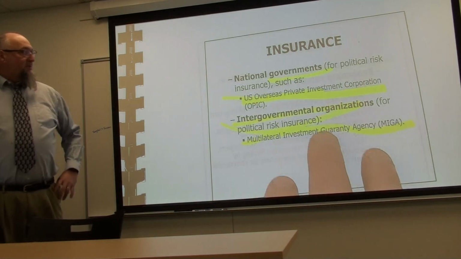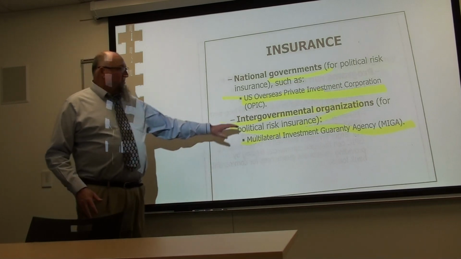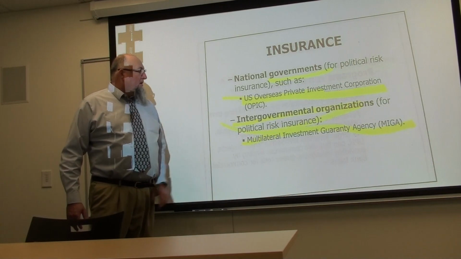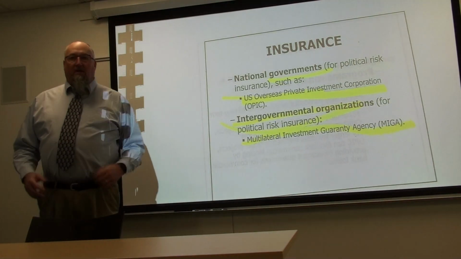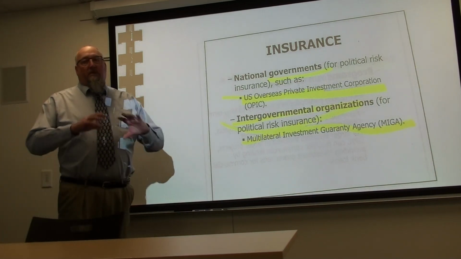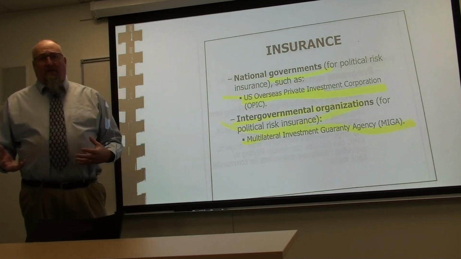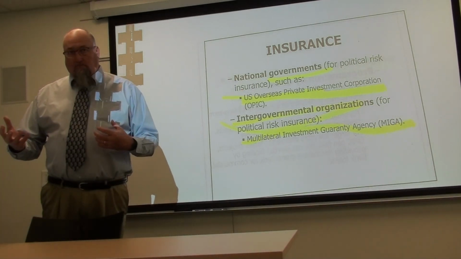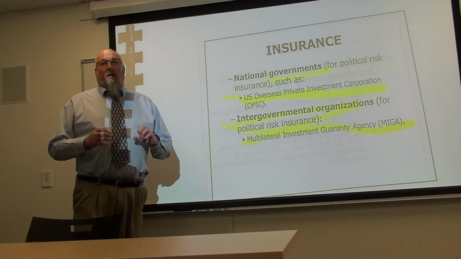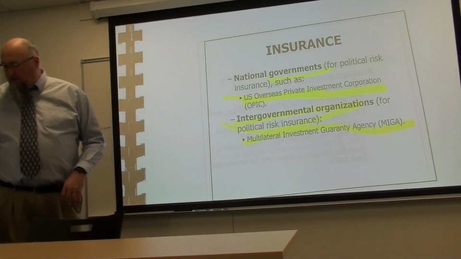That is limited to United States-based companies. The other program that is similar, and they offer very similar insurance coverages, is MIGA, the Multilateral Investment Guarantee Agency. This is a derivative of the World Bank, and it will provide insurance coverage for World Bank member country businesses, and provide coverage in the event of expropriation or other types of political risk.